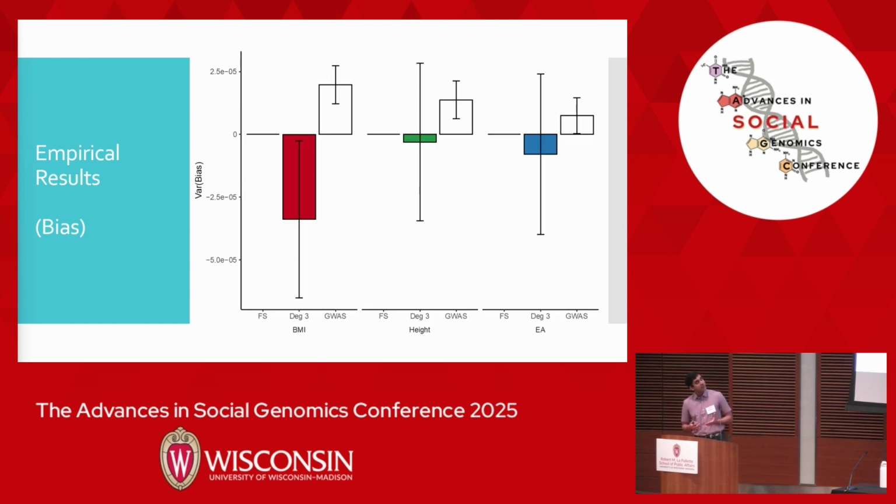Here we have a graph of the variance and the bias of the results for the 3 phenotypes at the level of siblings, third-degree relations, and in the comparison GWAS. This bias is measured relative to the siblings estimates. What we see is at the third-degree threshold, we have estimates that are not statistically different from 0.